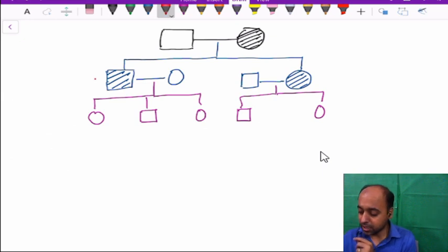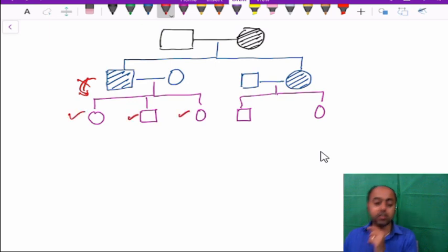The affected male cannot transmit the disease, so the children are unaffected, whereas the affected female will transmit the disease to both her offsprings. So this is the typical inheritance pattern or the pedigree chart that you're going to see in the mitochondrial DNA disorders.